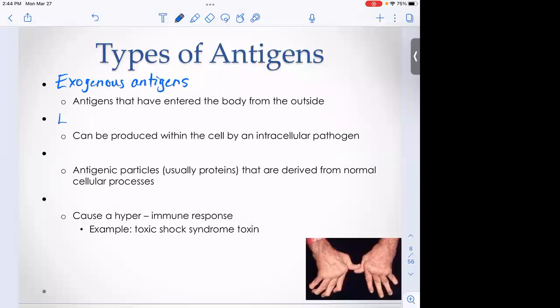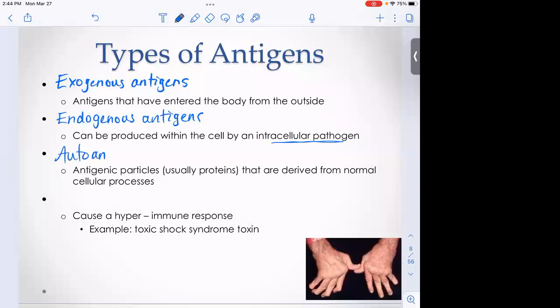And then endogenous antigens are inside of the cell. So they're produced within the cell by an intracellular pathogen. So something like a virus starts out as an exogenous antigen. We ingest it, it gets into its target cells, and now it becomes an endogenous antigen because it's inside our cell. Like I said, we have a way to advertise when our cells are infected that we'll get to.